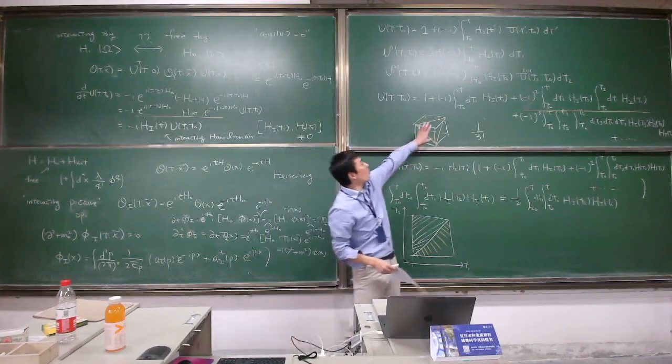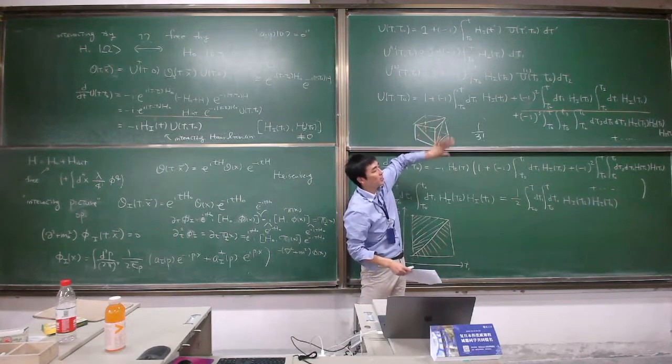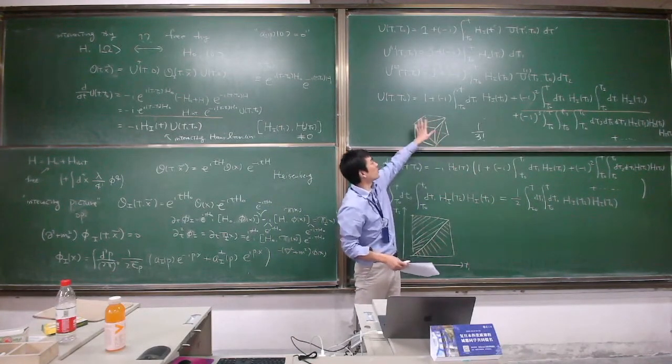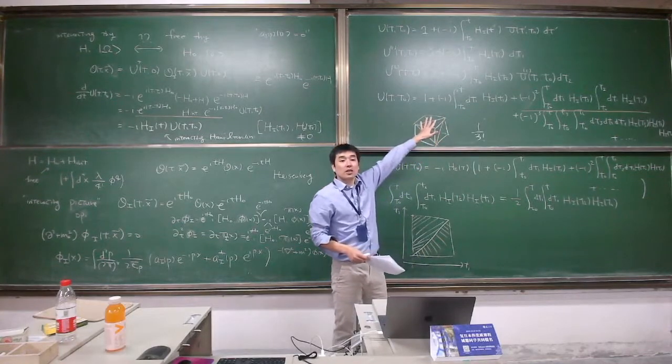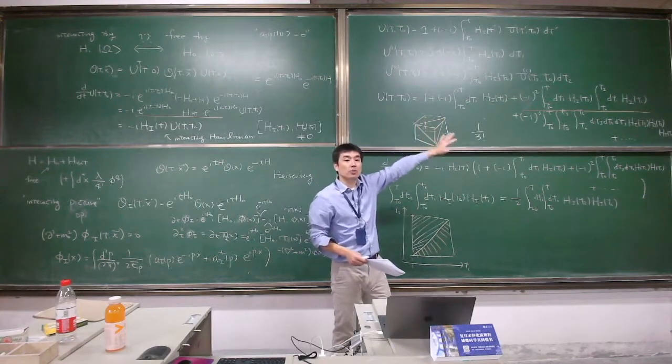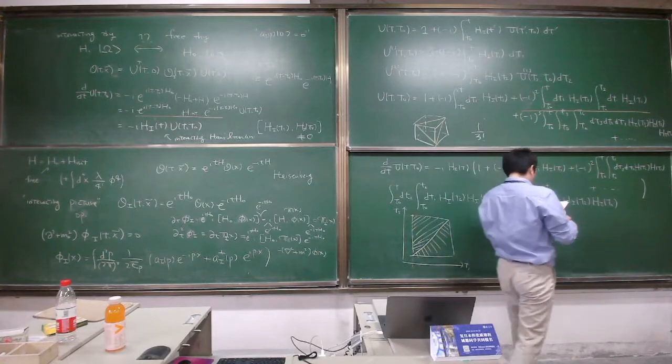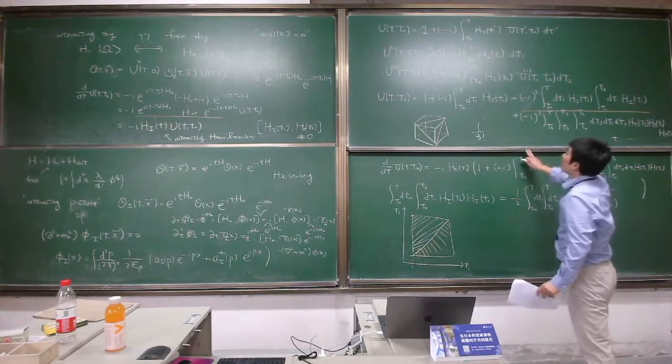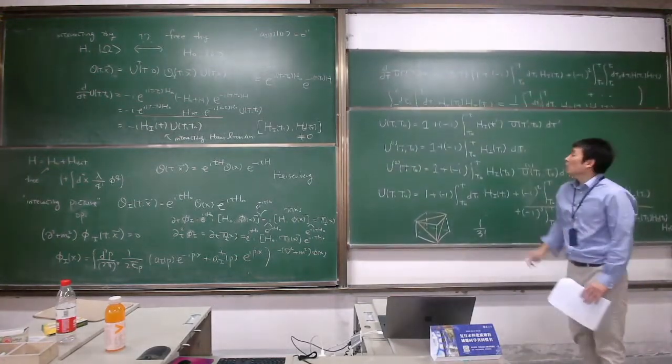If you combine these 3 factorial pyramids, you exhaust the whole cube. So therefore, what we have is this U operator, this solution.